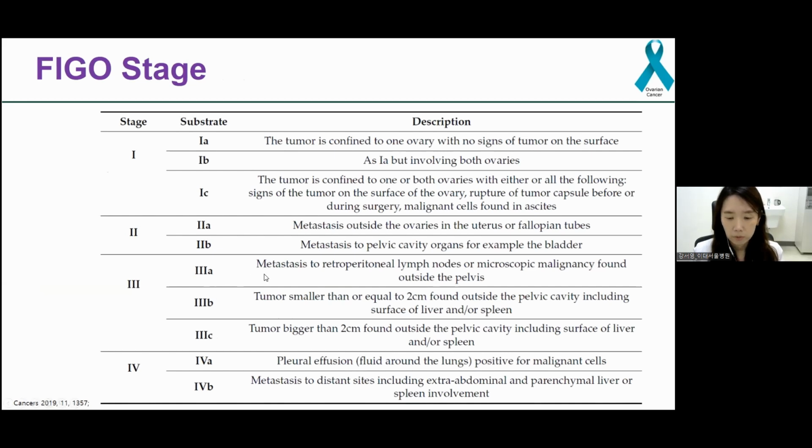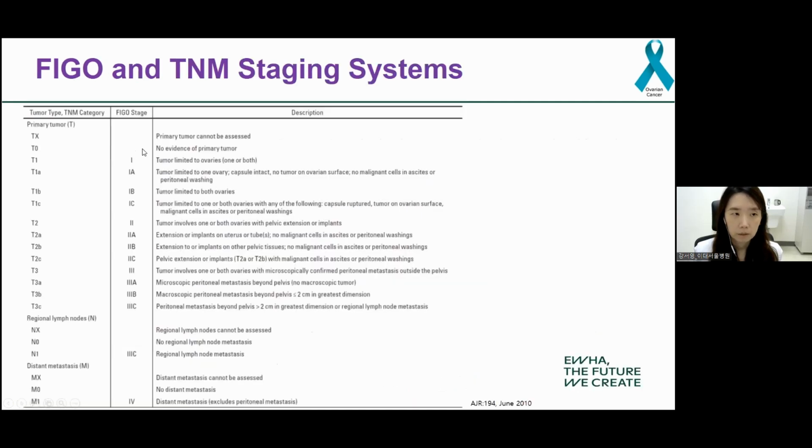Stage 3 ovarian cancer has metastasized to the retroperitoneal lymph nodes or outside the pelvic cavity. Stage 4 ovarian cancer involves malignant cells in pleural effusion and metastasis to distant sites. TNM staging is similar to the FIGO staging.